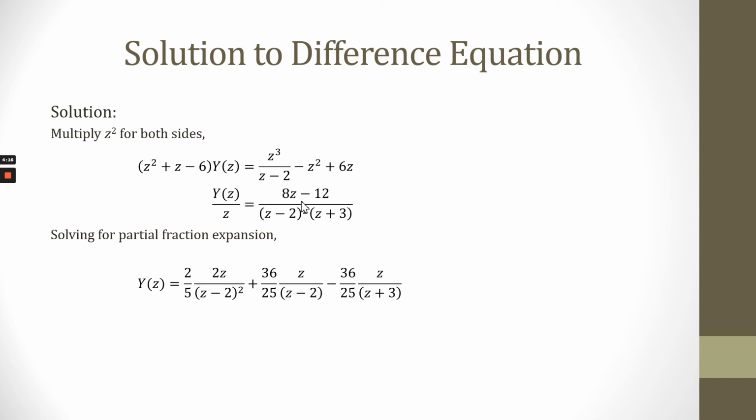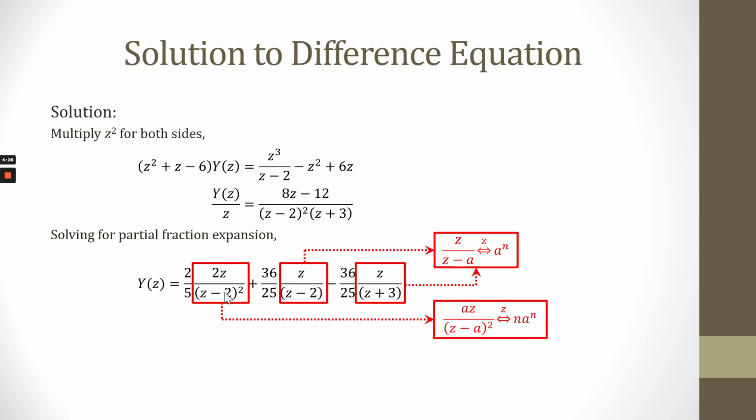Based on this equation, you need to use your partial fraction expansion knowledge to solve this one until you have this equation. Okay, for this function, since we have this squared term, you need to solve using this technique.